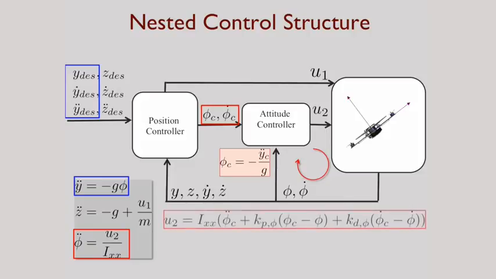So in summary, the inner loop is designed so that phi converges to phi sub c, and phi sub c is obtained from the y component of the desired trajectory.